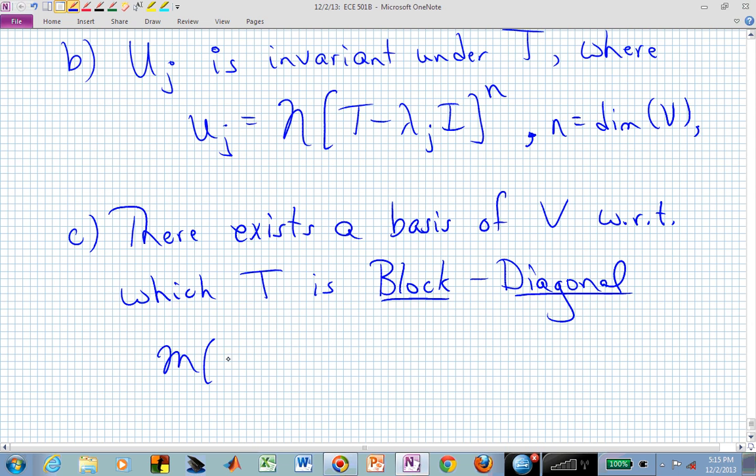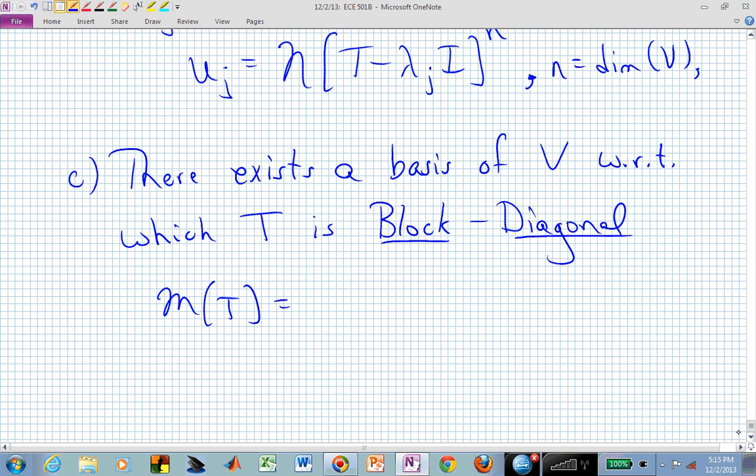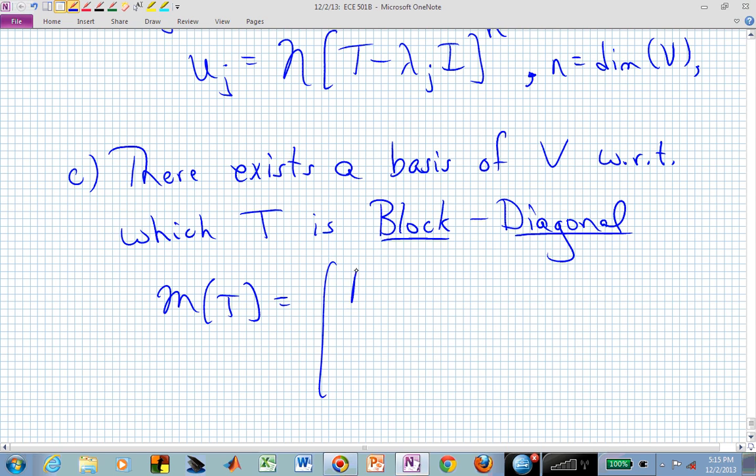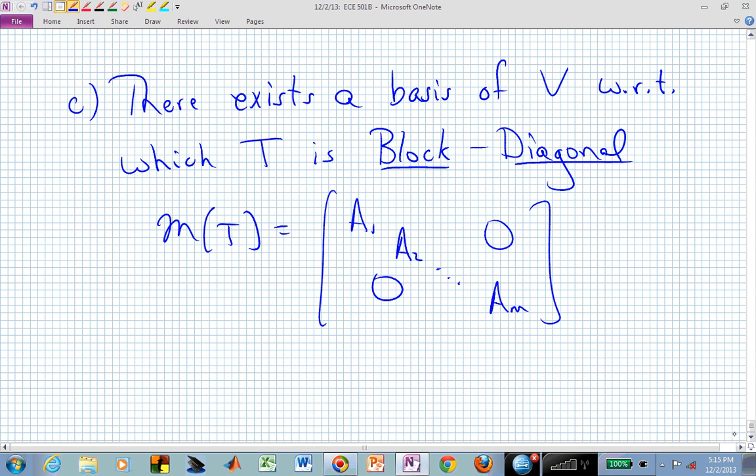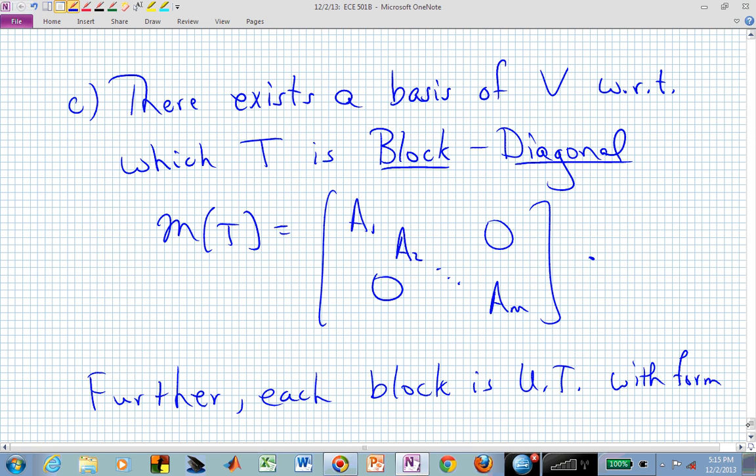So the matrix representation of T we can write as some A1, A2, A sub m. And each of those subblocks is upper triangular with the following form.